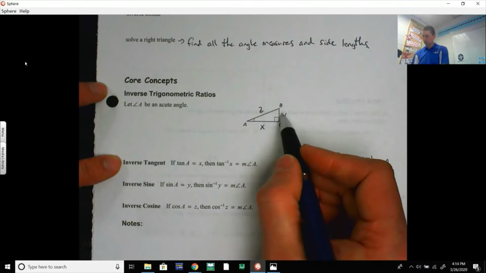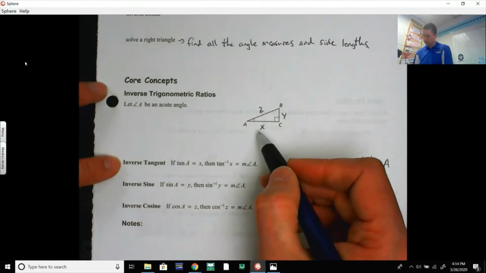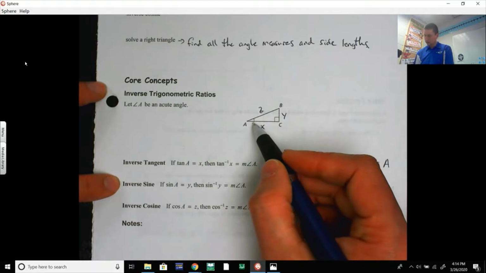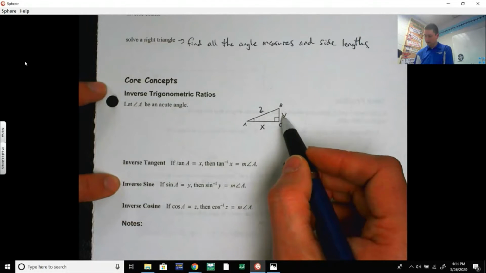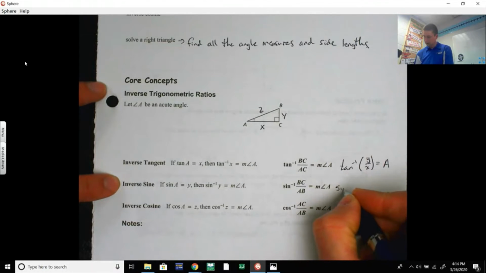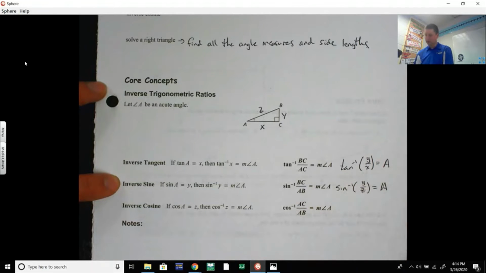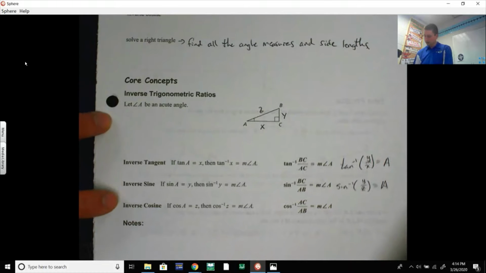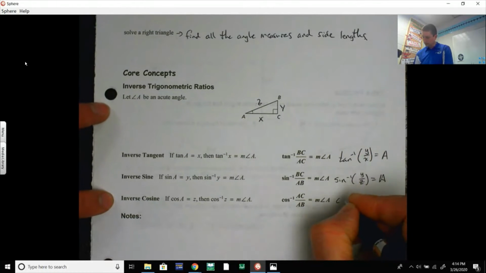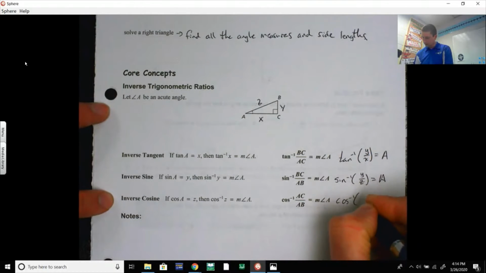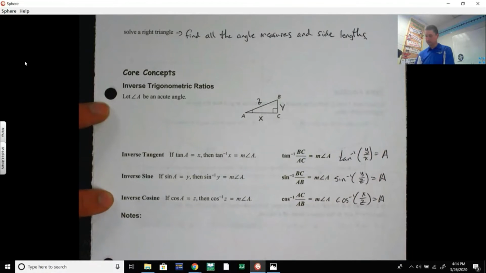Okay? So y over x would be the tangent. Sine is SOHCAHTOA. Sine is opposite over hypotenuse, so this would be the inverse sine of y over z, which would be the angle A. Cosine, SOHCAHTOA. Cosine is adjacent over hypotenuse, so that'd be x over z. That also equals angle A.